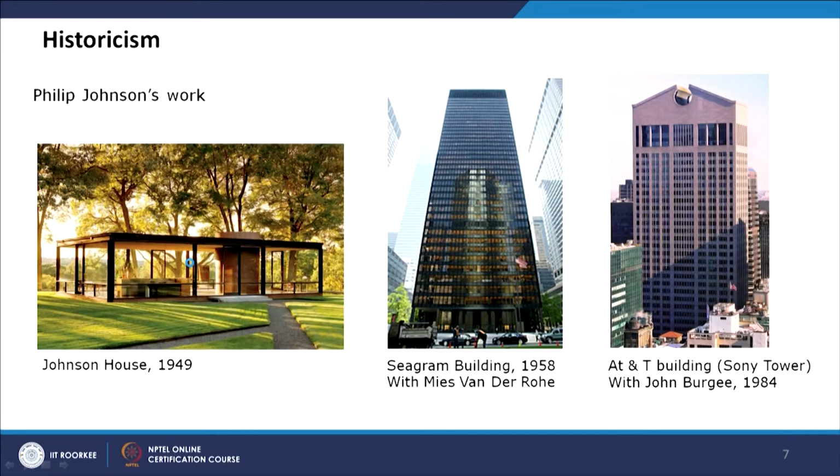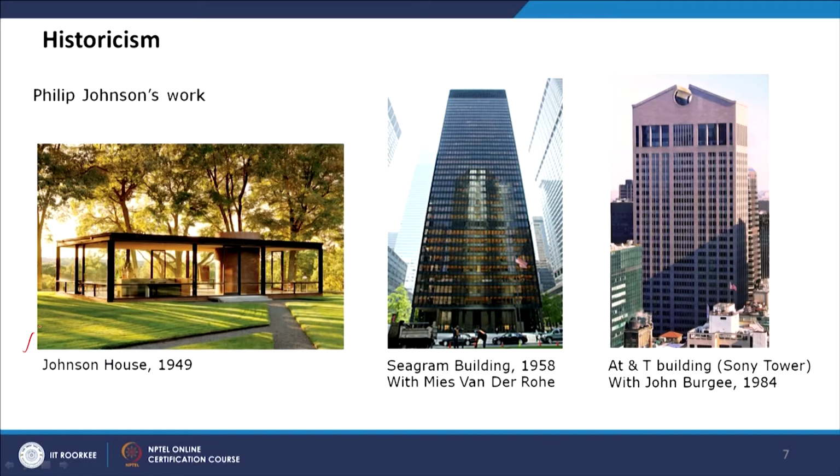Now, I was talking about the change of Philip Johnson's work from the internationalist movement to the postmodern movement. The internationalist movement was the high modern movement where Philip Johnson was designing a glass house, which is pure glass, and the cylinder, taking inspiration from Ludwig Mies van der Rohe, in the Glass House.